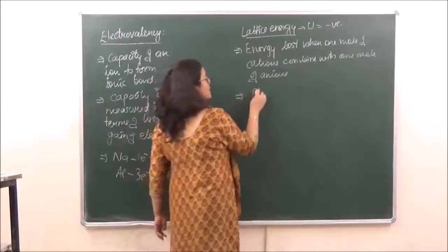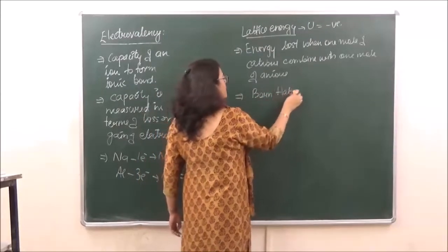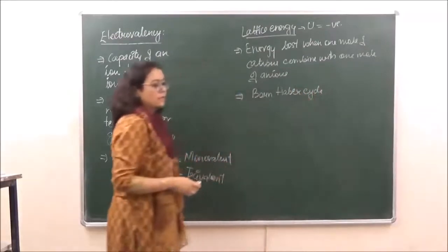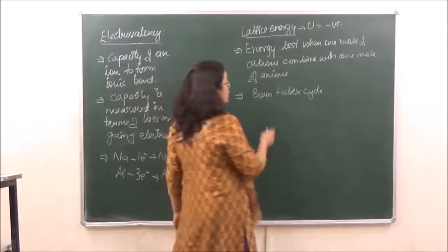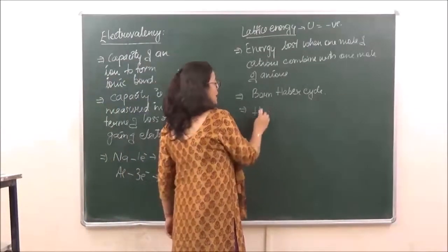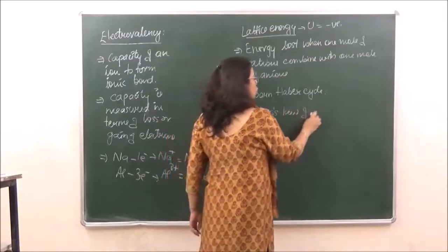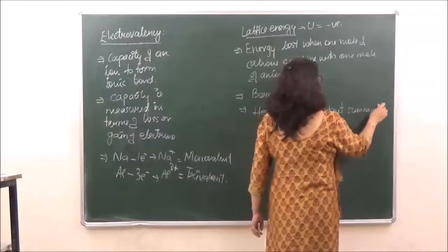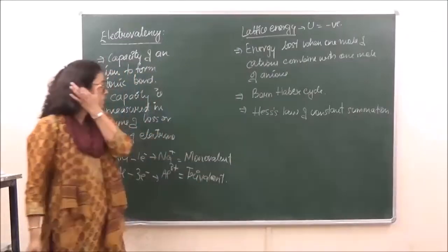Lattice energy is measured on the basis of a cycle which is known as Born-Haber cycle. This Born-Haber cycle is based on the law which is known as Hess law of constant summation.